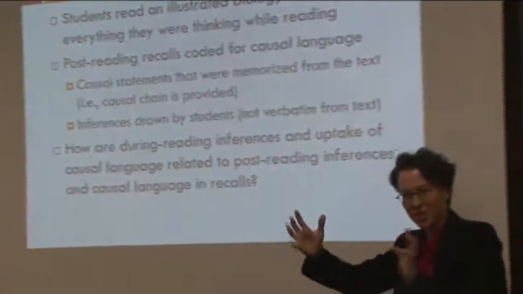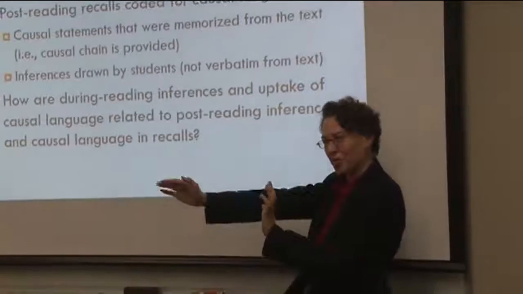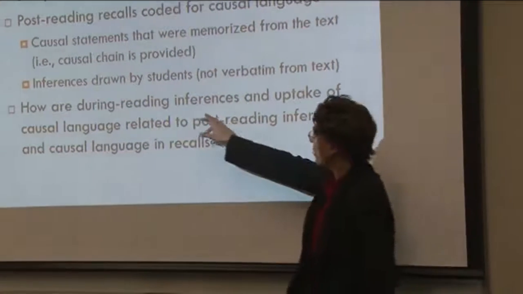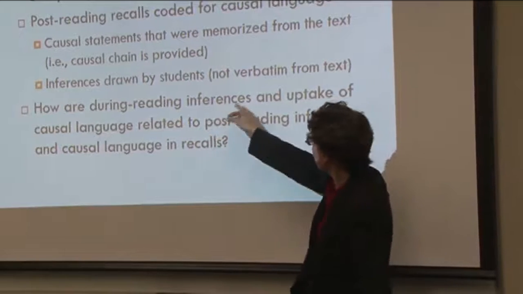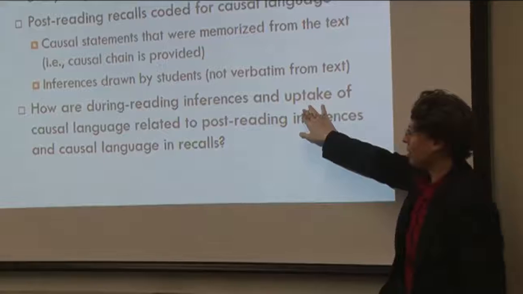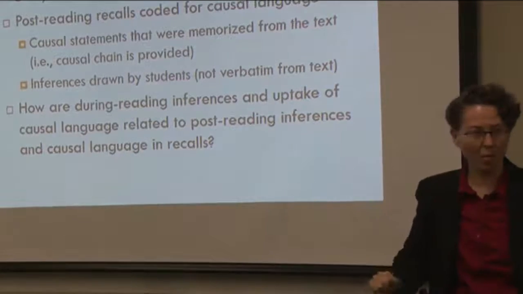And then we're thinking about what's happening during reading. So again, there's kind of what happens at the end and then what's happening during learning. Trying to think about to what extent during reading are they making inferences, and to what extent during reading are they taking up that causal language or not taking it up.